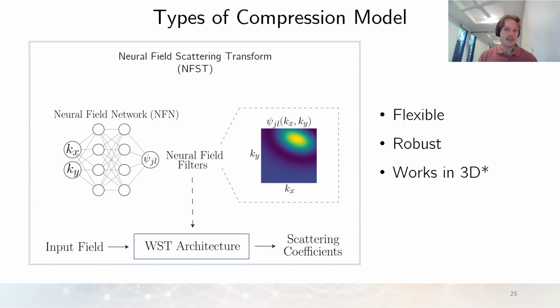But because you've maintained the Wavelet Scattering Transform architecture, what this means is that you end up getting a robust statistic that can extrapolate quite well, even given limited data. And so we find that this does in fact work in 3D. The asterisk is there because it could definitely work better. We're still trying to really figure out the best way to implement this such that we will get a good, strong, rigorous detection of parity violation.